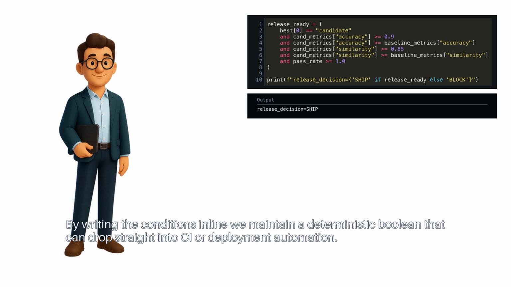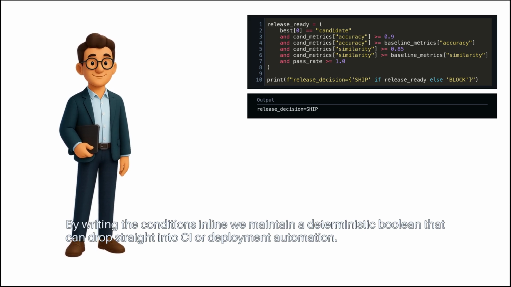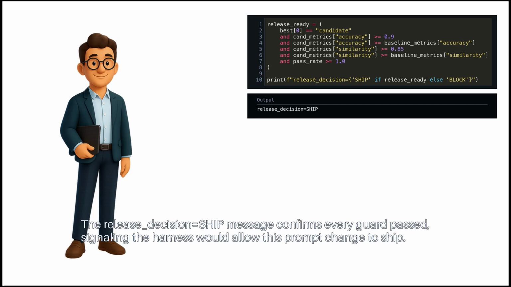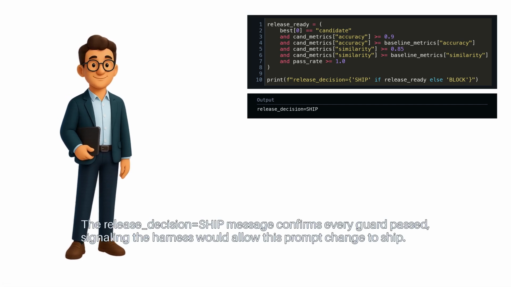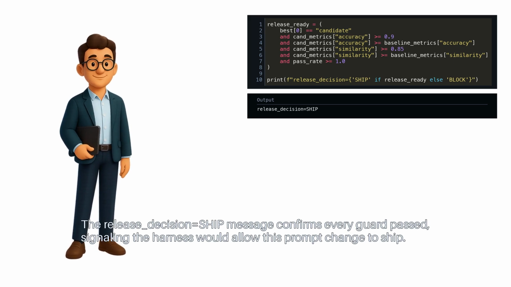By writing the conditions inline, we maintain a deterministic Boolean that can drop straight into CI or deployment automation. When any predicate fails, the expression flips, immediately blocking the release without manual spreadsheets. The release decision equals ship message confirms every guard passed, signaling the harness would allow this prompt change to ship.